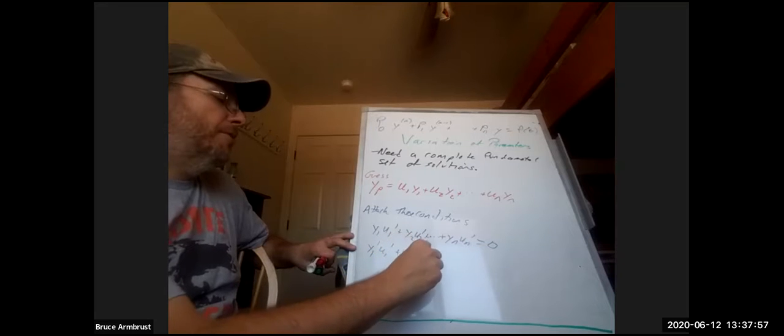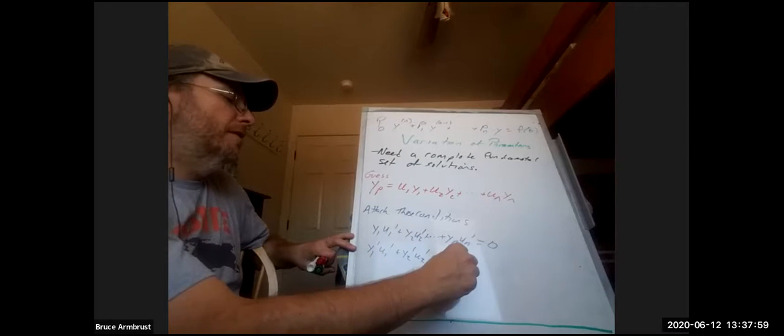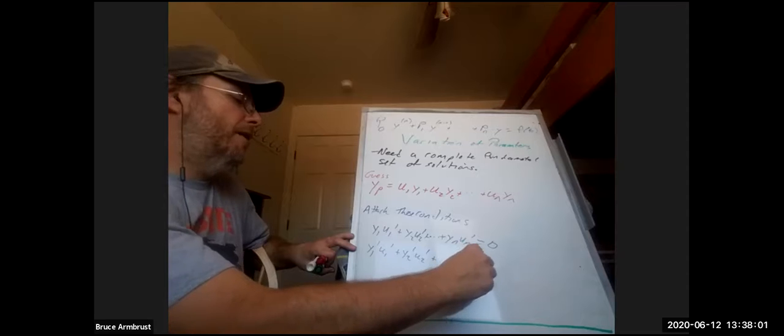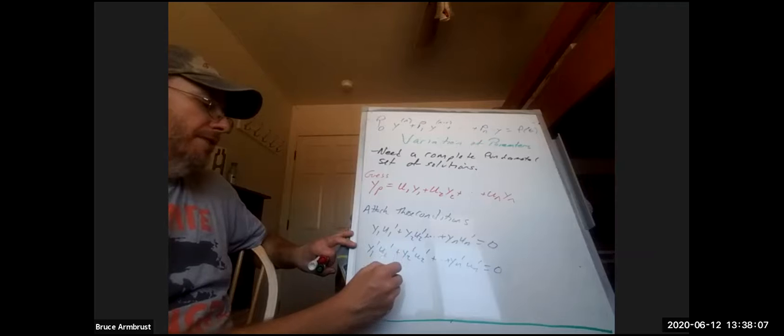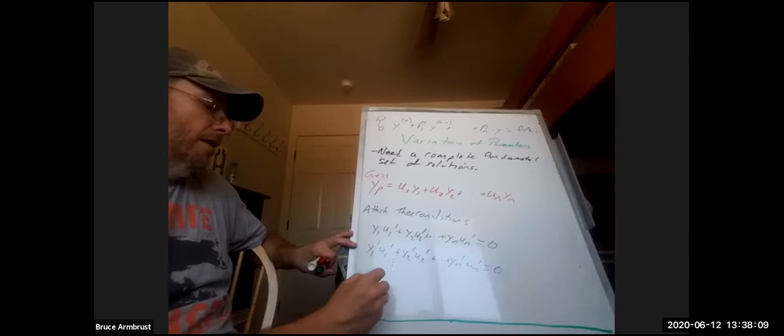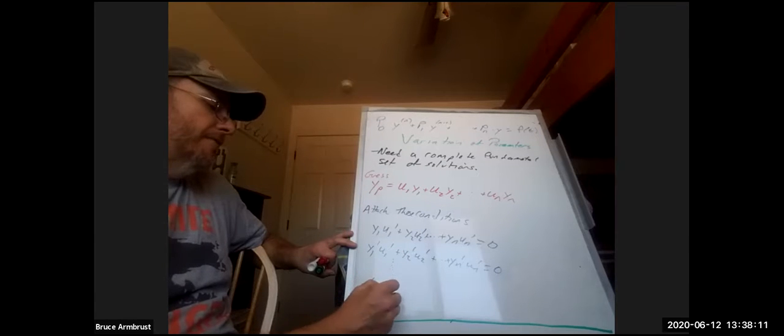So if we take y1 prime times u1 prime plus y2 prime u2 prime plus all the way down here to yn prime un prime, we'll make that equal to 0. And we'll continue this until we get to the n minus first derivative of y.